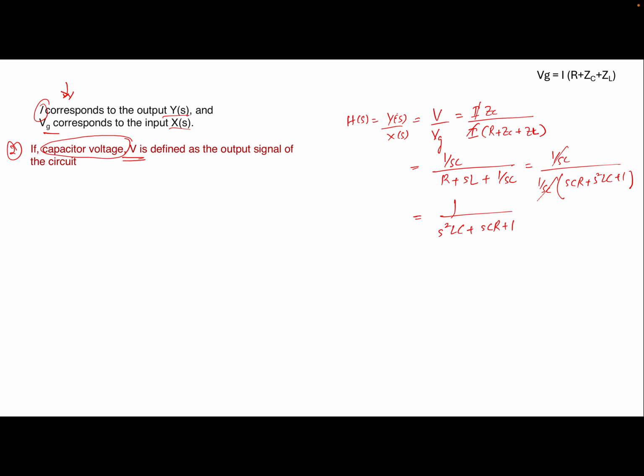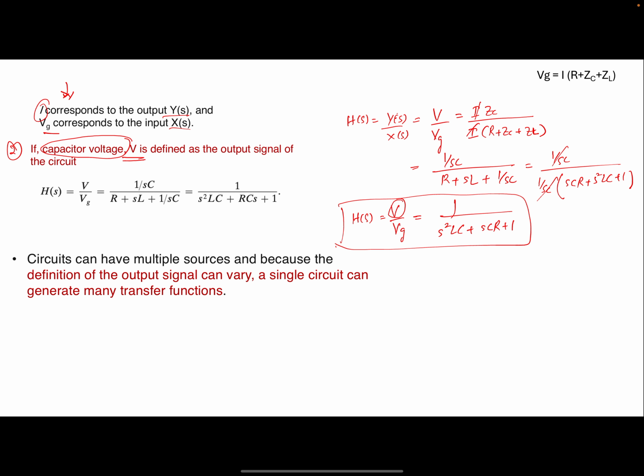So this is how you can find this transfer function H of S, which is V over this. Again, your transfer function is the response of a circuit to a particular input and an output. And we can define an output in different ways. Over here, we define the output across a capacitor. And this is going to be very, very useful because we're going to build some filter circuits as well in the next chapter. Okay, great.